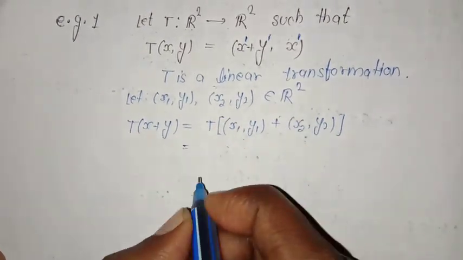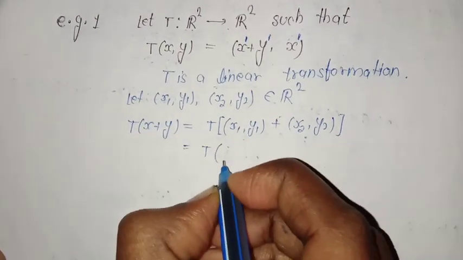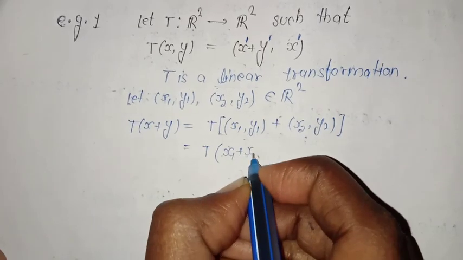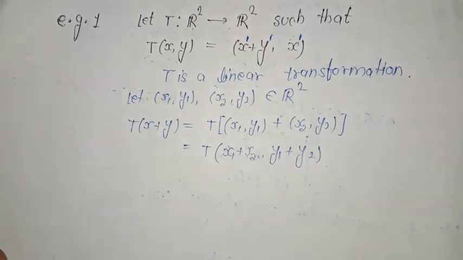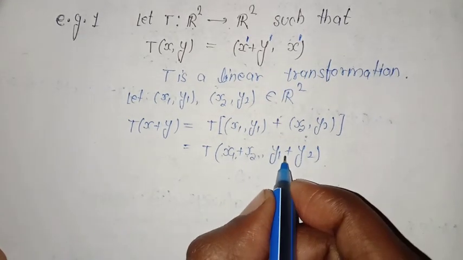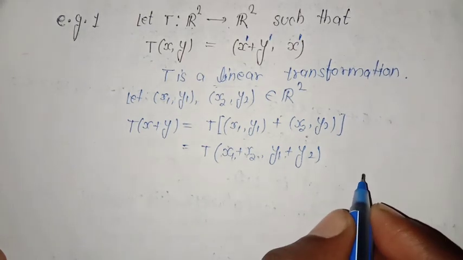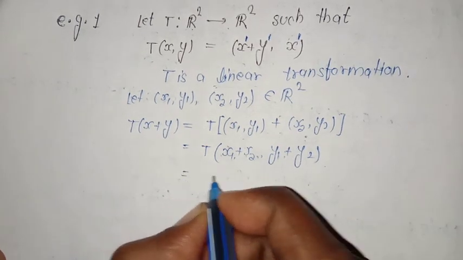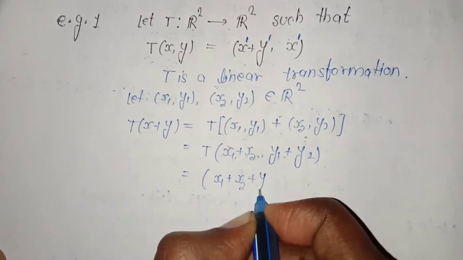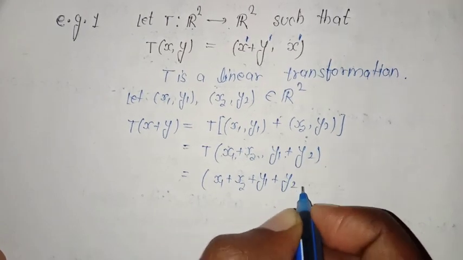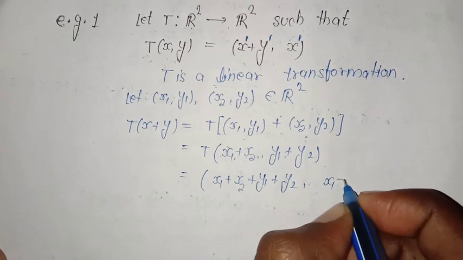Now if we apply component wise addition, this becomes T of (x1 plus x2, y1 plus y2). And if we apply the definition of the given transformation, the first position is x1 plus x2 plus y1 plus y2, and at the second position we have x only, so x1 plus x2.